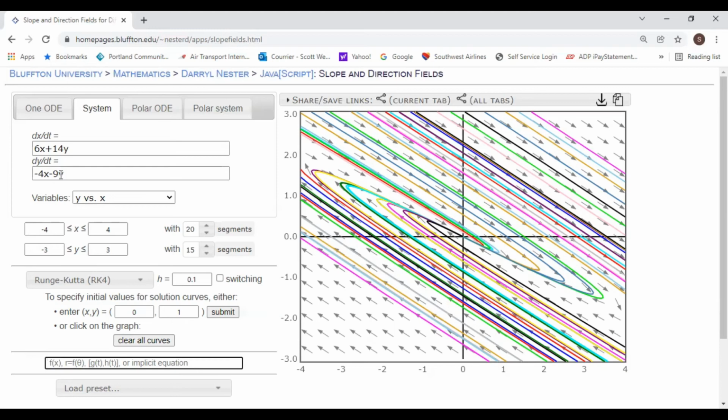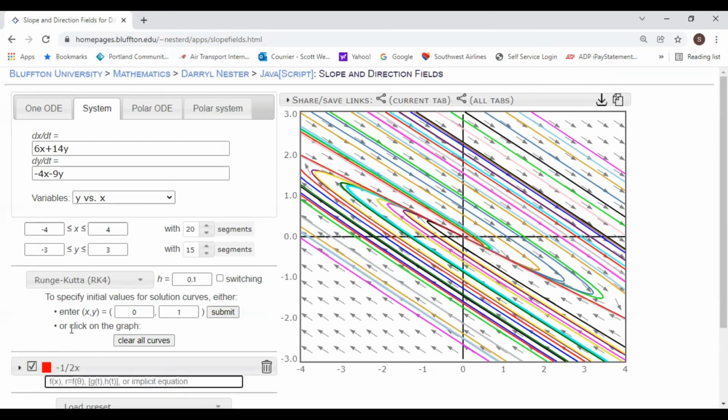So if we put in the actual two curves here, one of them had a slope of -1/2, so -1/2 x. So that represents the first one here.